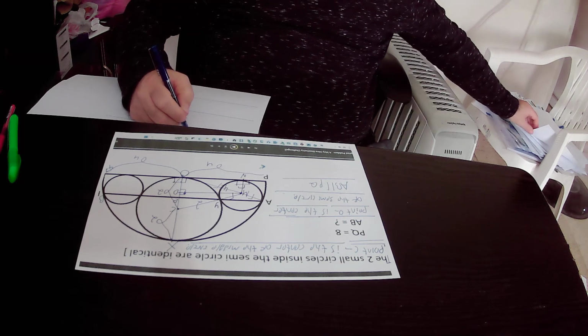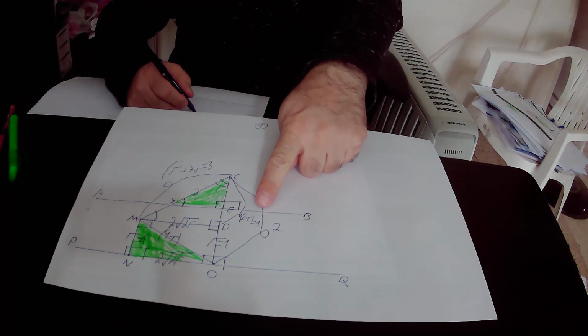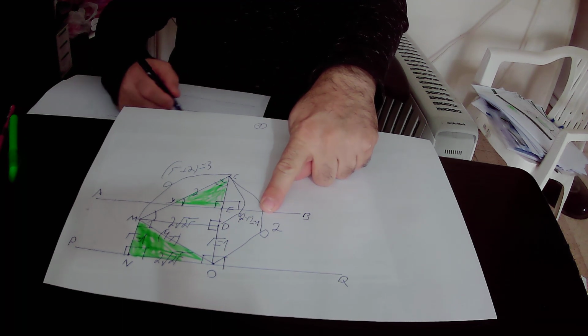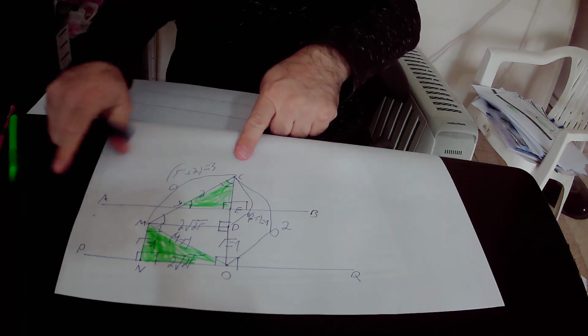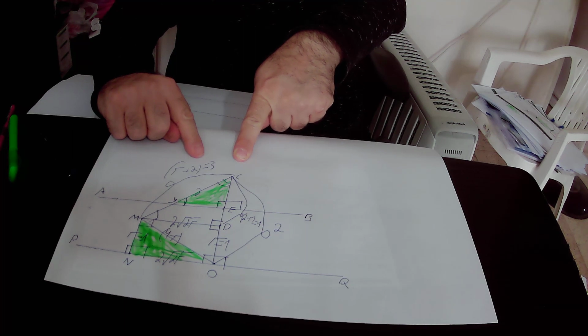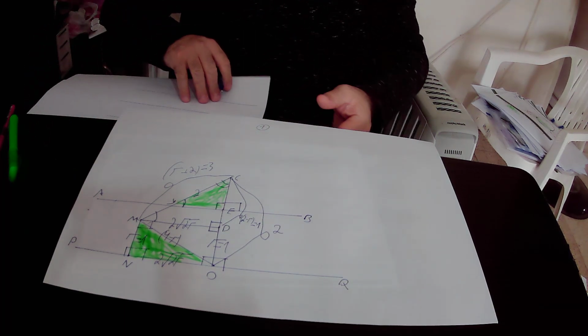And what is the value of CD? You can see here, we have already found out that CD equals 1 unit. And what is the value of CM? We have already found out that CM equals 3 units.